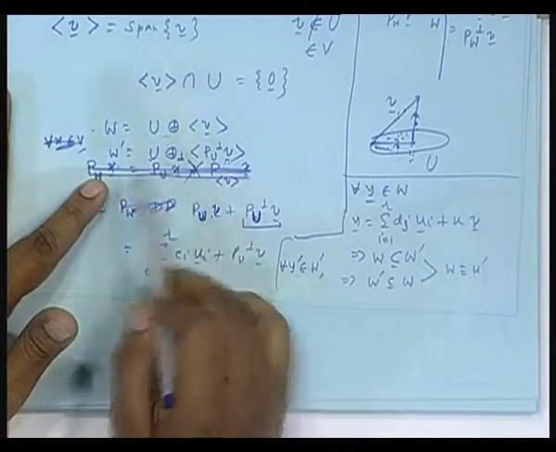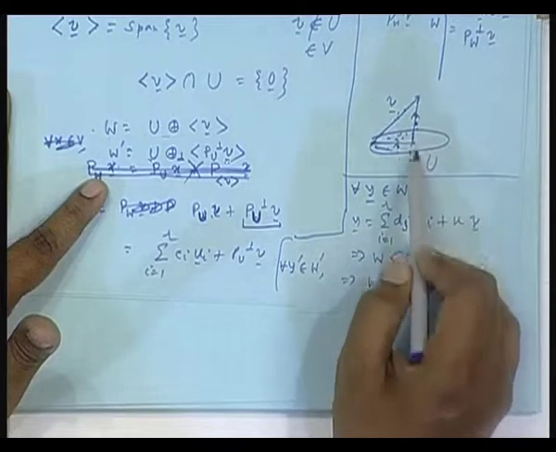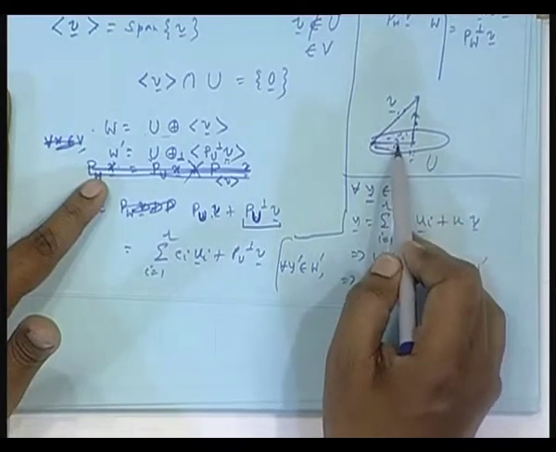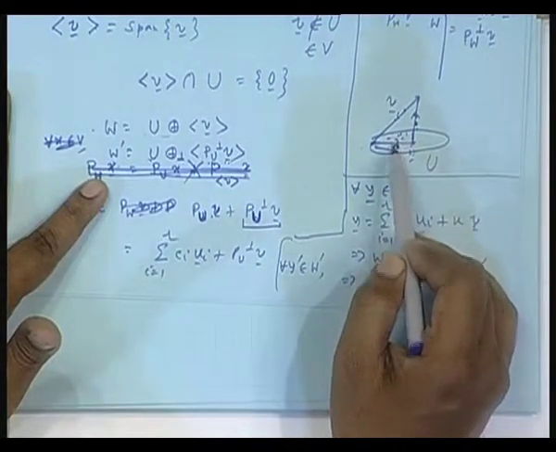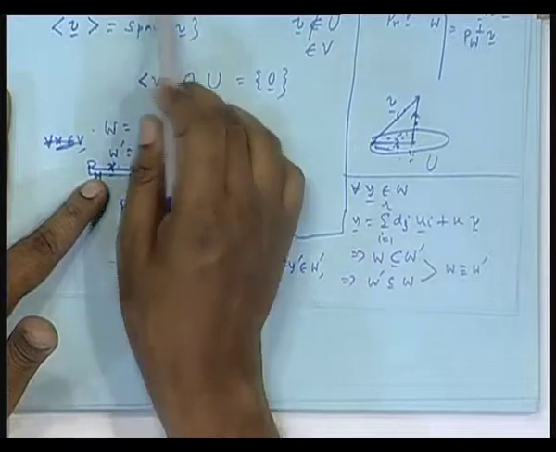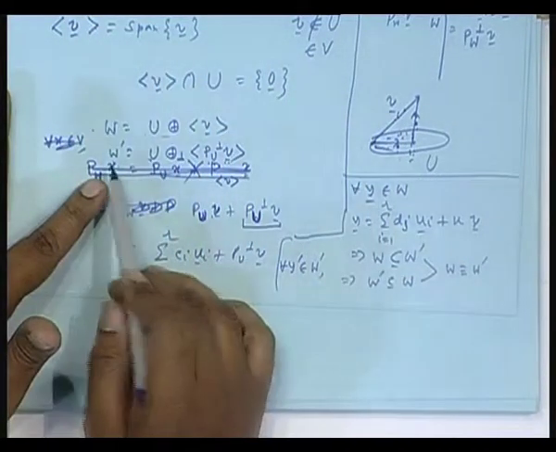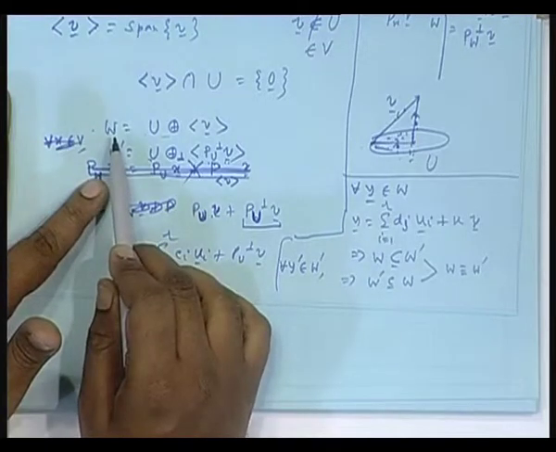So, essentially it becomes a linear combination of u 1 to u r and V, because I am replacing the projection error by V minus the projection. That means, that vector also belongs to W, that means W prime is contained in W.